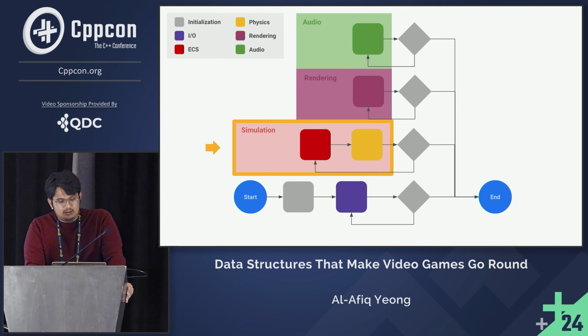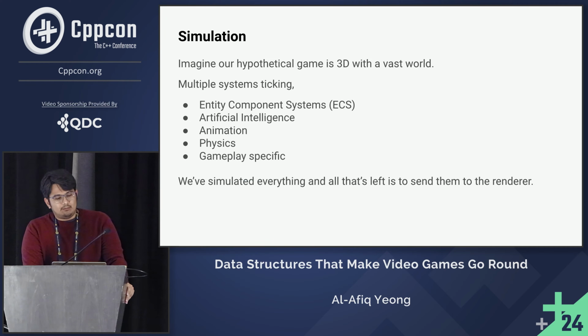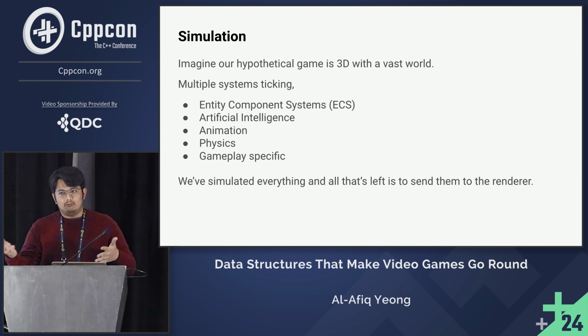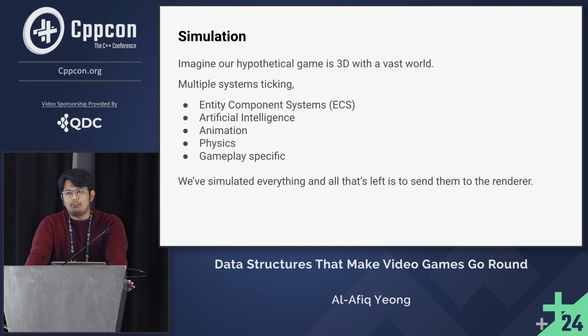So that's pretty much it for when we're initializing the game engine. Now we have to go through the gameplay systems. It's not a game if we don't have some sort of gameplay systems, right? Think of our game as a hypothetical 3D game with a vast open world. It has multiple systems ticking: your ECS, AI, animation, physics.